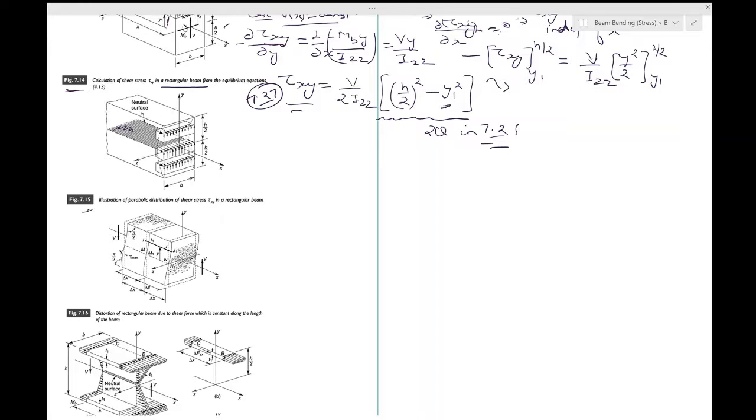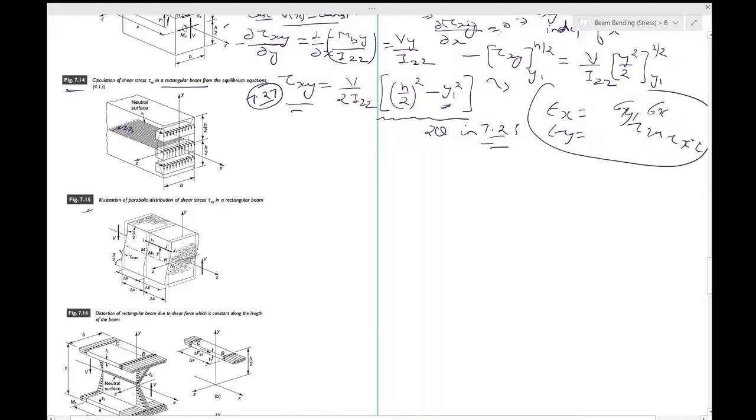Yes, so you should have epsilon x given, epsilon y given, and so on, in terms of sigma y, sigma x, tau xy, tau xz, and so on. So you have all the stress components. Many of them are 0 anyways, so it should be easy for you to find the strains.